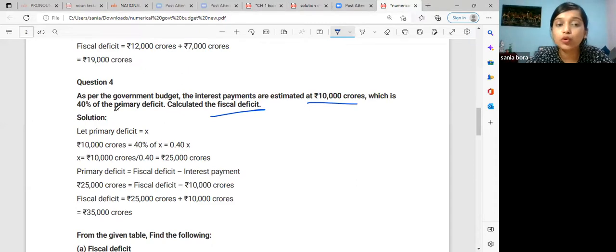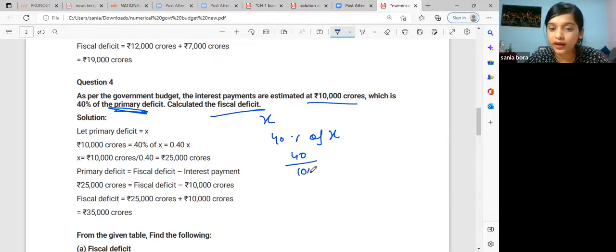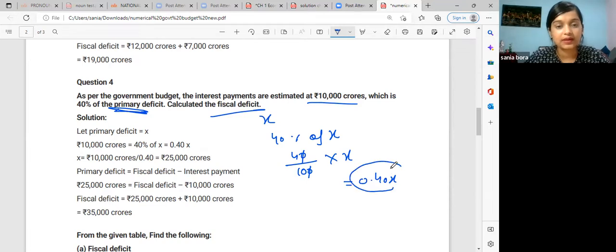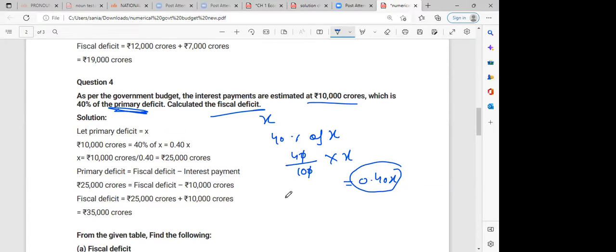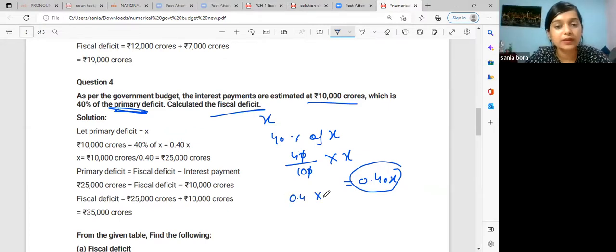Right now you don't know what your primary deficit is. So you will take your primary deficit as X, and 40% of X is 40 upon 100 multiplied by X, which is 0.40X. Everyone getting this? Yes, ma'am. If you solve it, it will be 0.4 multiplied by X, so 0.40X. Clear? Yes.